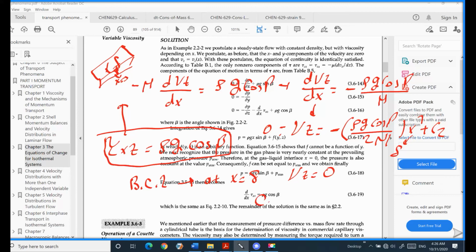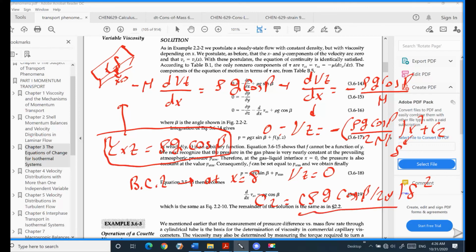From the solution of the equation, C2 is going to be rho g cosine beta over 2 mu, times the thickness squared. That's our C2.